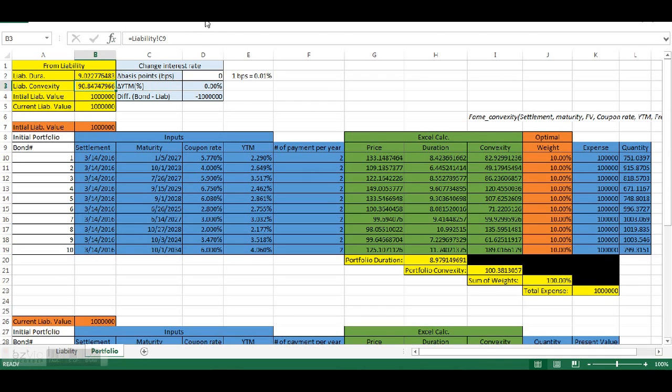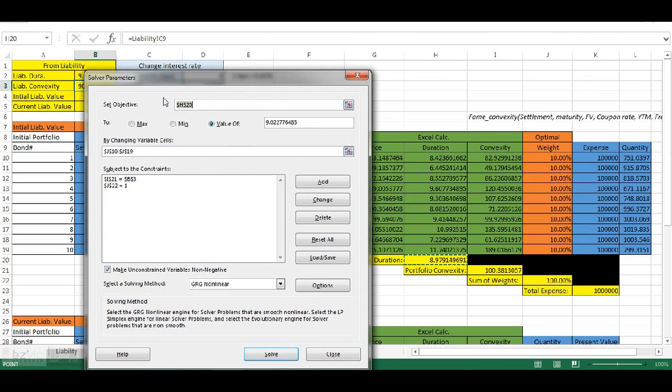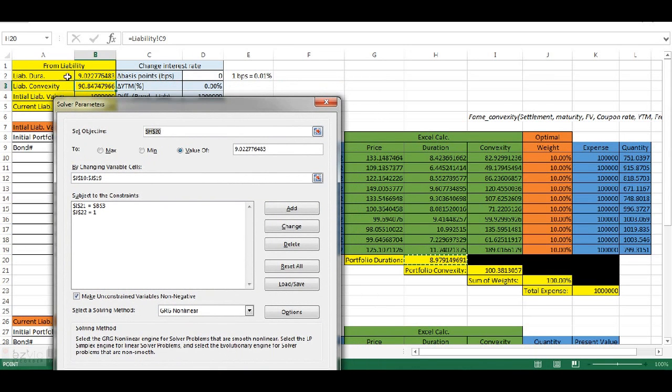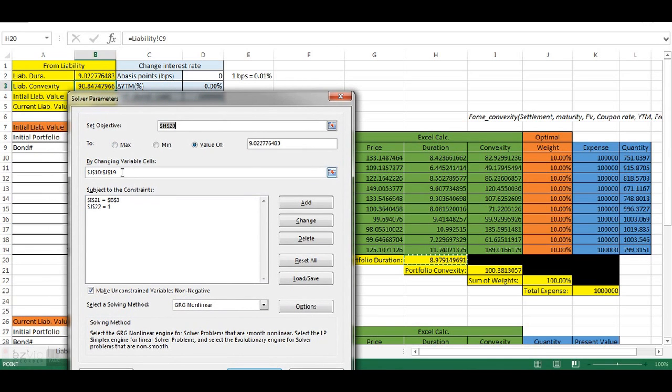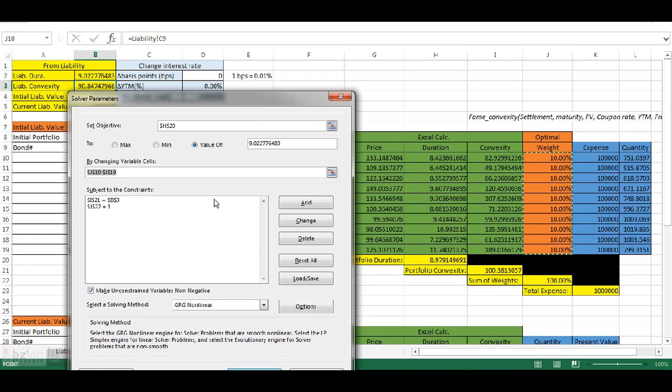Now we use our solver, the data solver. We want to set the portfolio duration to the value of the liability duration by changing the weight for each bond. We have several constraints.